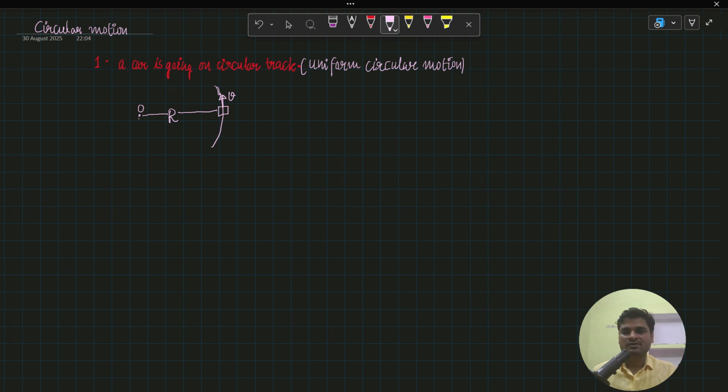So this is a particular special case of circular motion, and that is uniform circular motion.